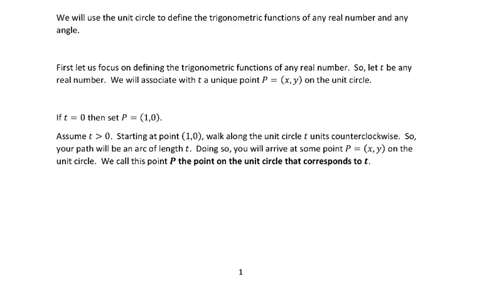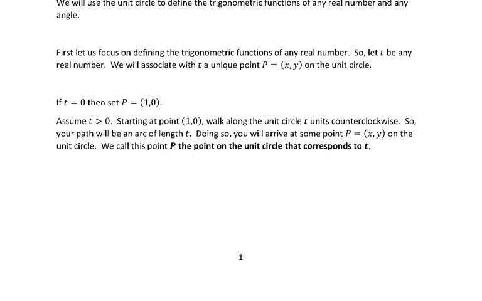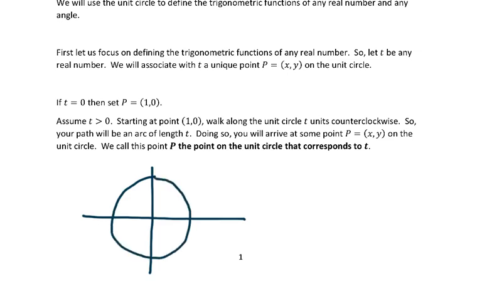By definition, if T is 0, we're just going to have the point P be (1, 0). Let me draw the circle again. Okay, so again, this is the unit circle. So P, (1, 0), is right here. That's what you get if T is 0. That's just by definition.